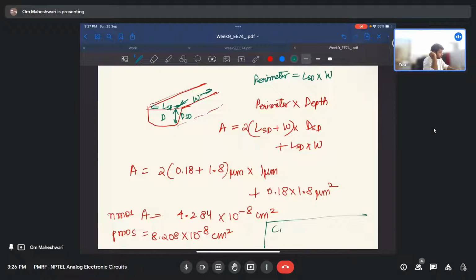Finally, we get Cj equal to, let's say, Cjn plus Cjp, 9.18198 into 10 to the minus 15 farad, after multiplying it with area also, properly: Cjn into area of NMOS plus Cjp into area of PMOS. This is the final answer that we get.